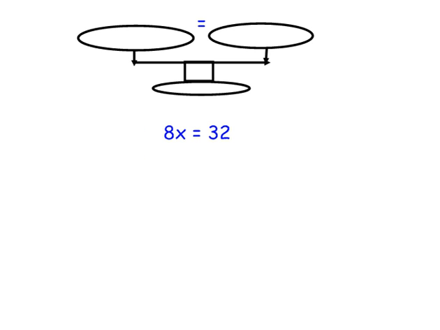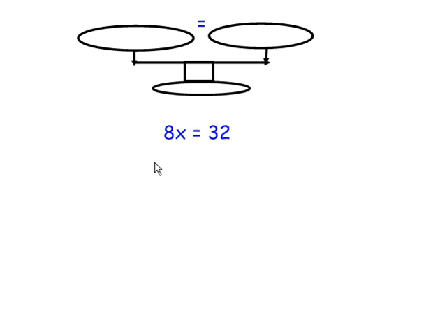Now we're going to look at an equation that uses multiplication. Here we have 8x is equal to 32. When there's no operation listed right in between, we can assume that that's multiplication. So what we're saying is 8 times some number is equal to 32. So we can go through and guess.